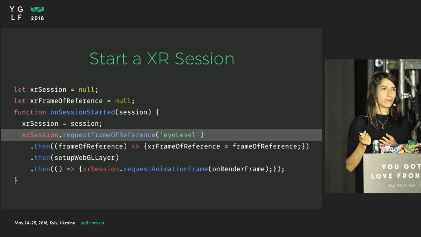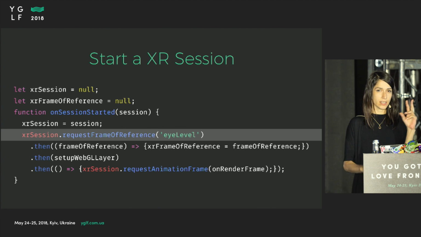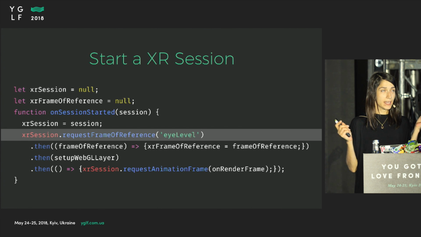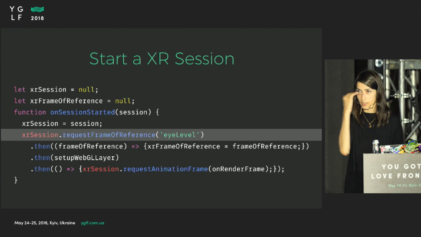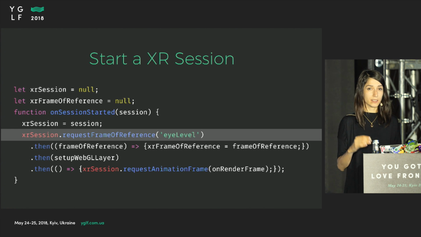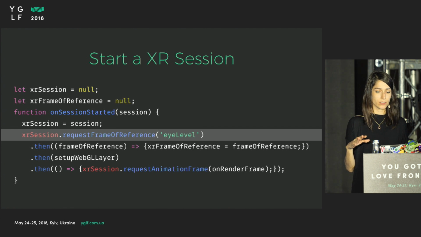There are currently 3 types of frame of reference. The first, there's the head model, then the eye level I used here, and then there's stage. So head model means that the origin of the coordinate system is approximately like the viewer's head, or hopefully like the eyes, and it stays the same even if the viewer moves.